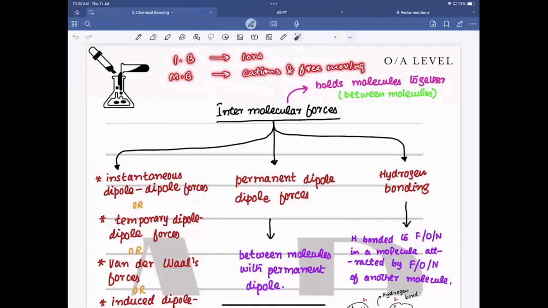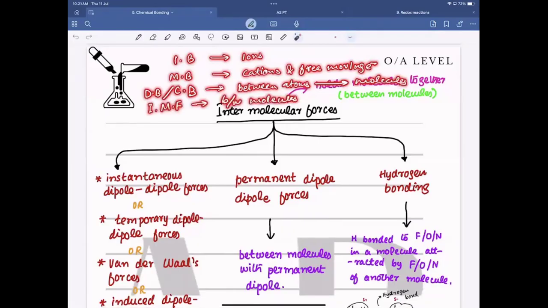If I talk about covalent bond or a dative bond, it is usually between atoms to form molecules. And when I talk about intermolecular forces of attraction, it is between molecules. Is this clear?